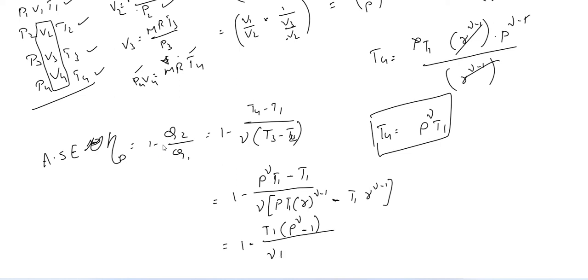gamma T1 R rho R power gamma minus 1 minus R power gamma minus 1.